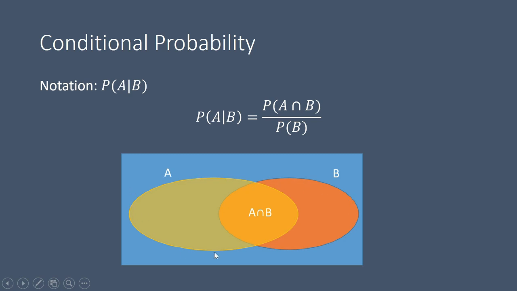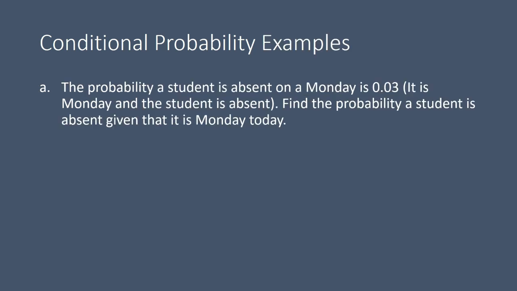This is A. This is the event when A happened. But we are concerned with what is the probability of A given B. This is the part of A that is in B. And so we will focus our attention only in this part, in B, given B. B already happened, so we are restricting our sample space to B. And then the probability of A intersection B, the part of A that is in B.